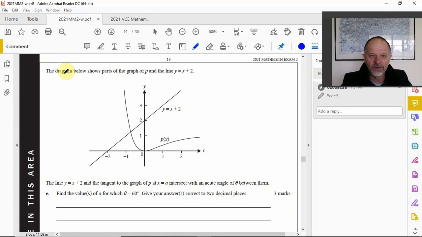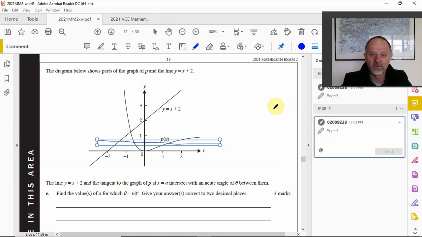If we go forward a little bit to this one, you'll see the diagram below shows parts of P, and here it is, Px. If we have a look at Px, we can find that if we drew a horizontal line, the horizontal line would cut through twice.